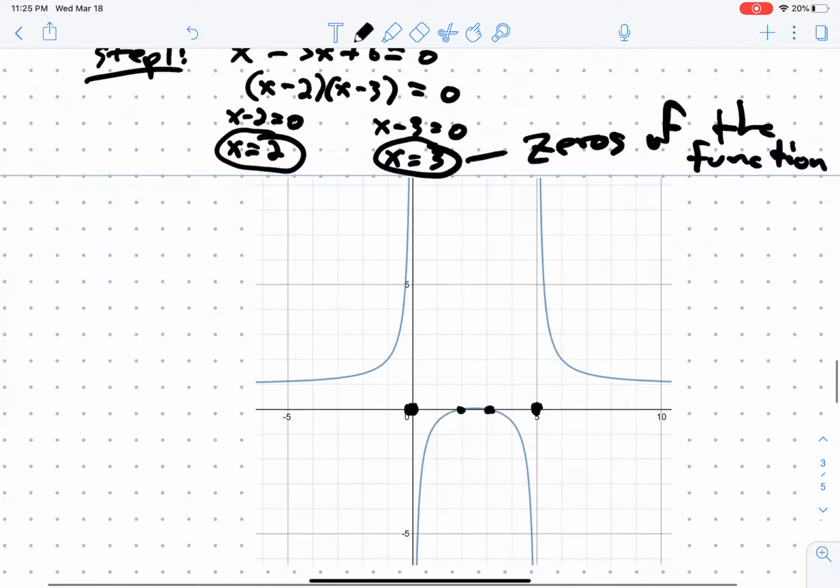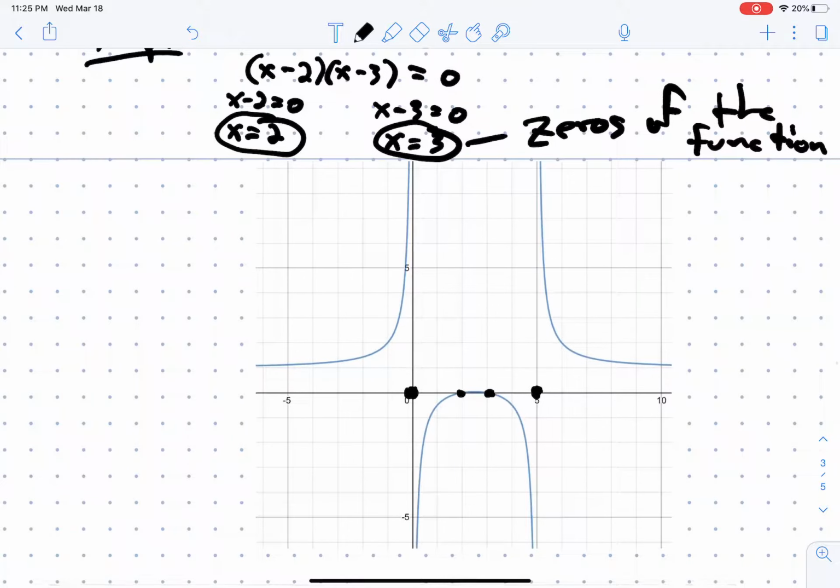And if we look at the graph, you can see here's x equals 0, 1, 2, 3, 4, 5. It looks like x equals 2 and x equals 3. Those are just the places that we found, 2 and 3. And those are the only places where the blue part of the graph actually touches the x-axis.